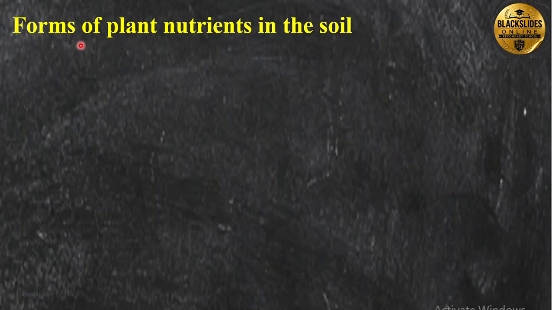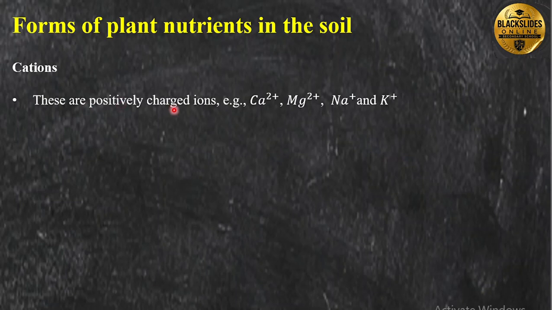So what are the different forms of plant nutrients in the soil? Plant nutrients can be in form of cations, which are positive ions. So these are positively charged ions such as calcium ions, magnesium ions, sodium ions, and potassium ions. Cations are held or absorbed into soil colloids.